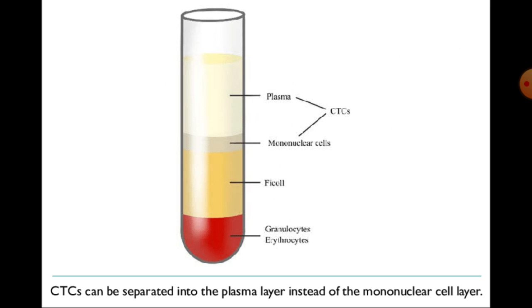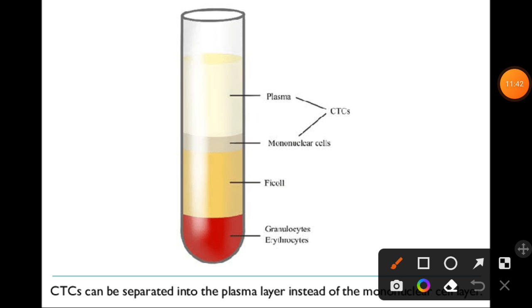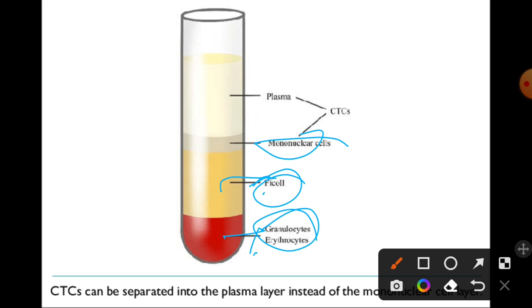Okay, now the question is, what is the utility of using such kind of thing? So density gradient centrifugation can help you to separate molecules in distinct layers or bands. As you can see here, granulocyte and erythrocyte are separated in one band, ficoll is separated in another one, mononuclear cells are in that band and plasma is in that band.